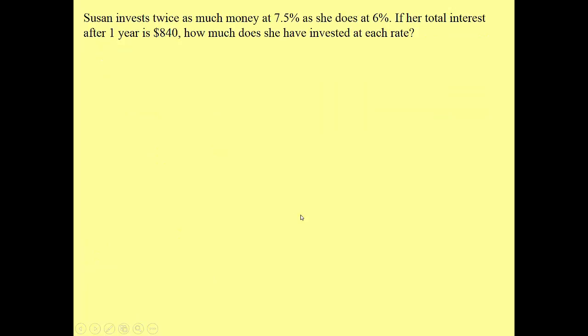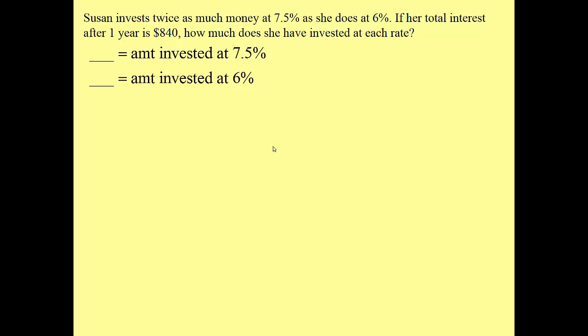Here's another problem, again like some that we did back in chapter 2. So how much does she invest at each rate? Our two variables need to be the amount at one rate and the amount at the other. One of them's x, the other one's y. Here's the total interest. How do we get the interest? We multiply the amount invested times the interest rate.